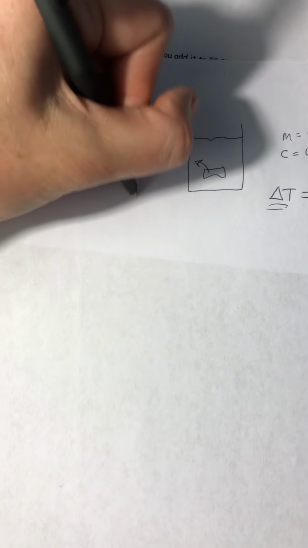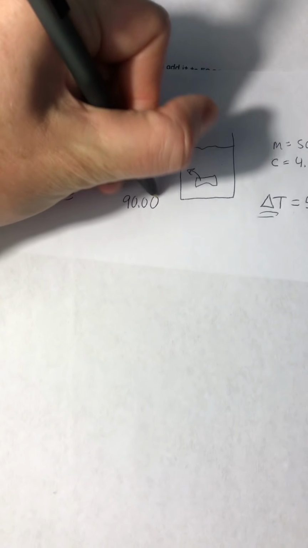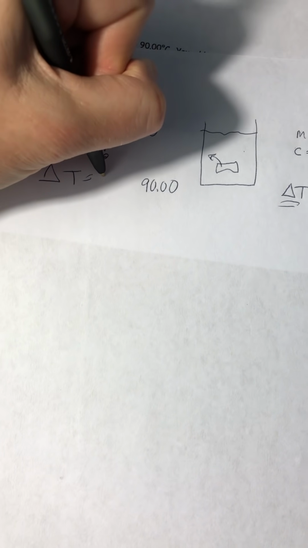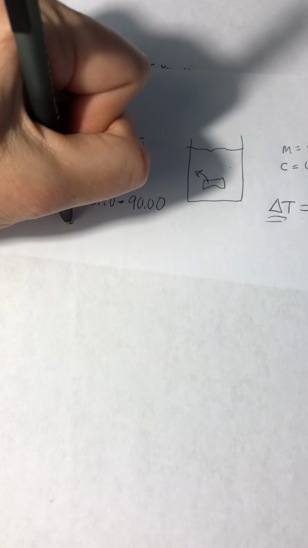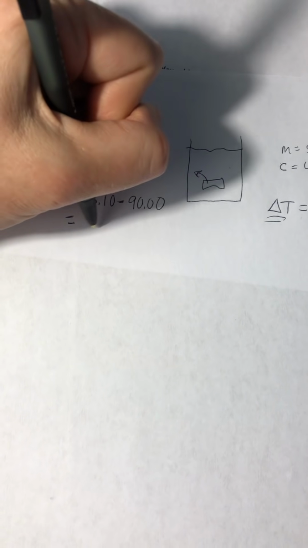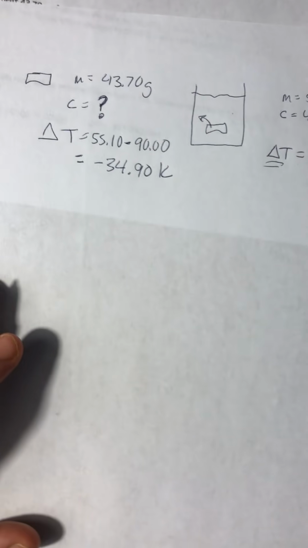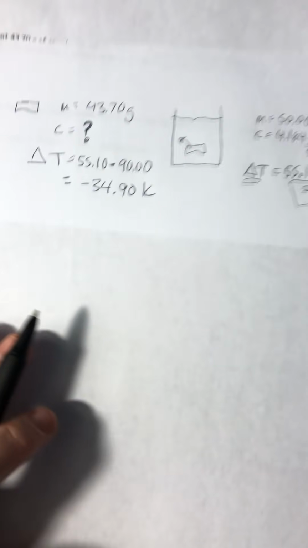So essentially we went from being 90 degrees, so delta is always final minus initial. Our initial was 90. Our final in this case was 55.10, and our delta T overall was negative 34.90. Okay, so we've got MC delta T for this and MC delta T for this.